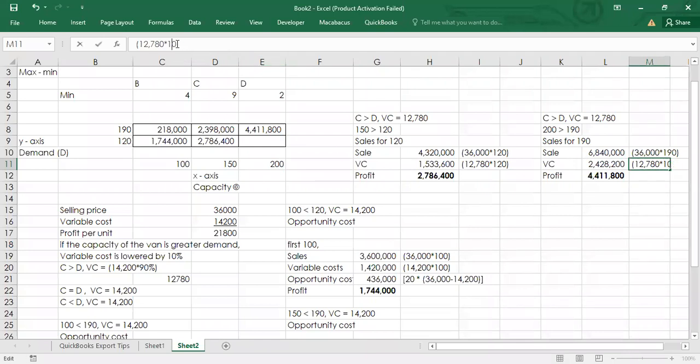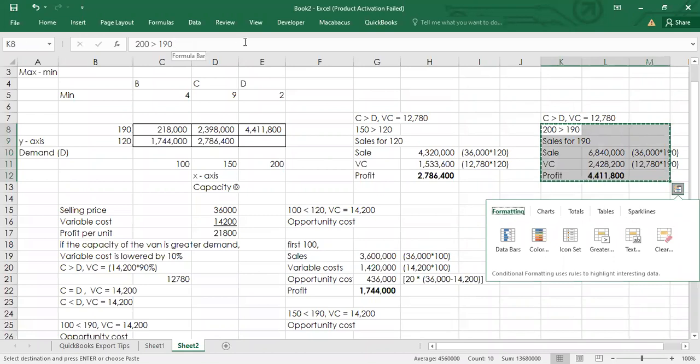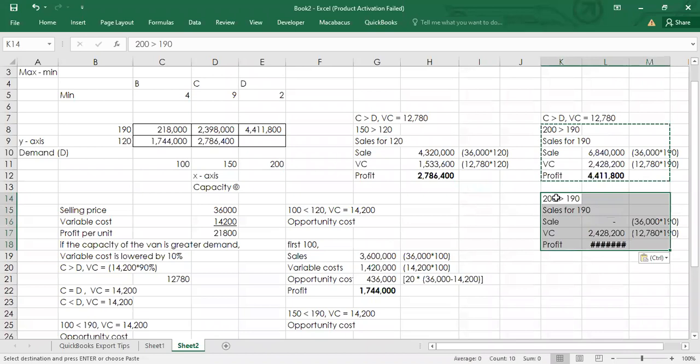Then we go to the next one, which is still similar to what I've just done. But still we can see that capacity exceeds demand, and therefore you can only charge for demand. Our capacity remains 200, but our demand is just 120.